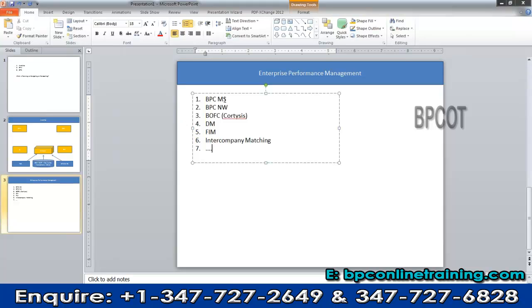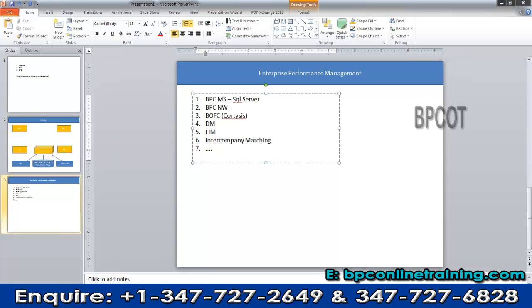See, BPC MS and BPC NetWeaver, both are the same. The purpose is the same, the configuration is the same, the handling is the same. What is the difference? I don't see any difference, only one: the backend. For the Microsoft version, the backend is SQL Server.